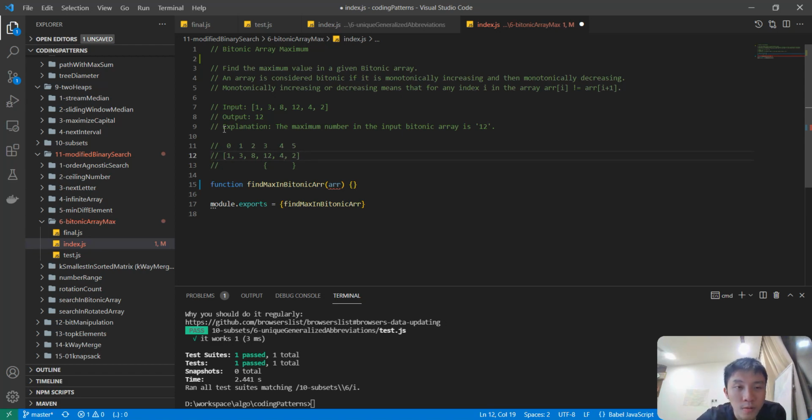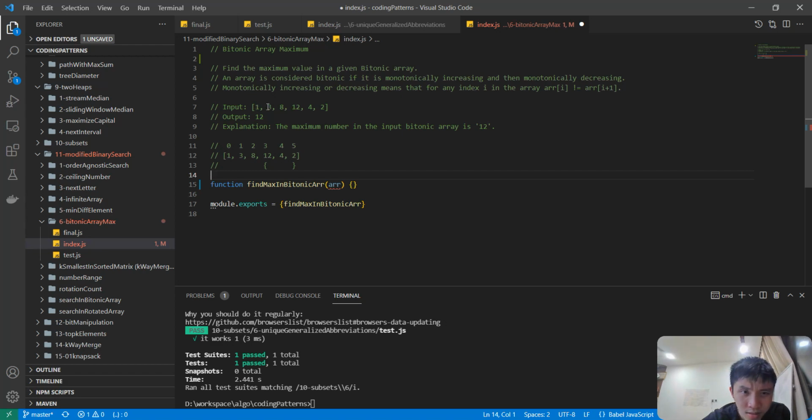So for example, with this given input, you can see there are two parts in this array, right? As you can see here, it is first monotonically increasing and then monotonically decreasing. So 1, 3, 8, 12.